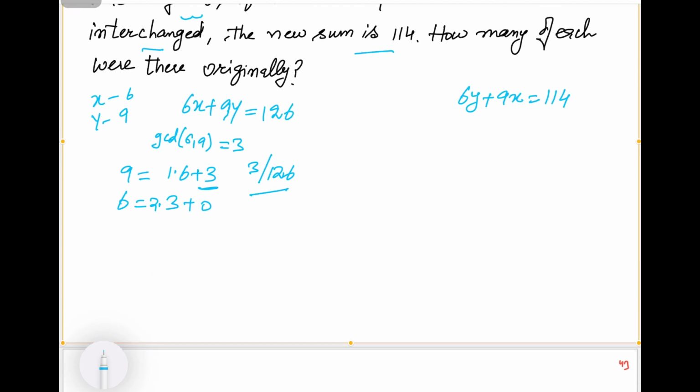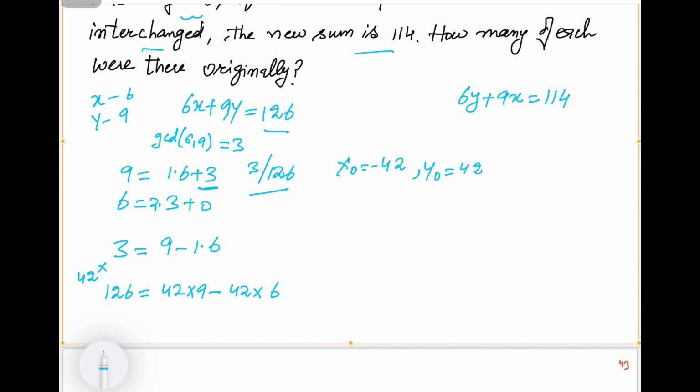And the particular solution is written as 3 is equal to 9 minus 1 into 6. And we want 126 here, so we multiply it by 42 to get 126 is equal to 42 times 9 minus 42 times 6. So here x naught is minus 42 and y naught is plus 42.